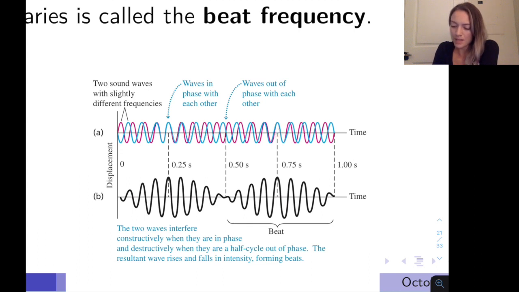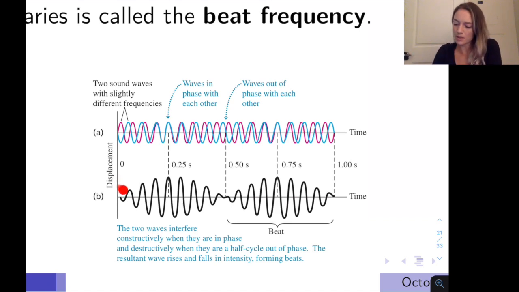When they're in phase, they add up perfectly, so you get this maximum amplitude down here in the resulting wave. But when they're perfectly out of phase, you end up with total destructive interference, and it's going to be basically 0. And it's going to keep repeating. This repeating pattern, where it goes from maximum constructive to destructive, is called your beat frequency.